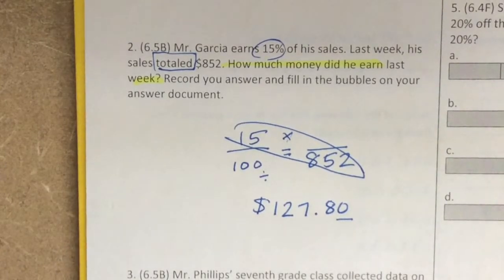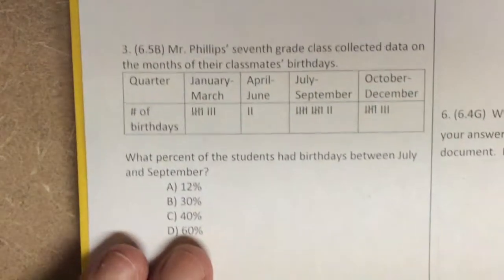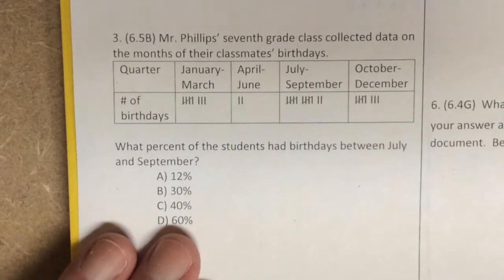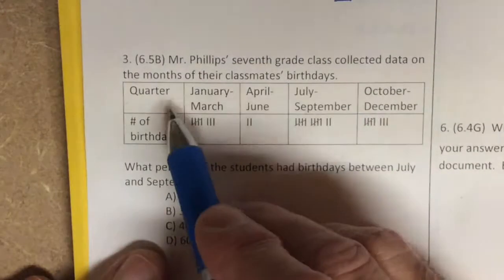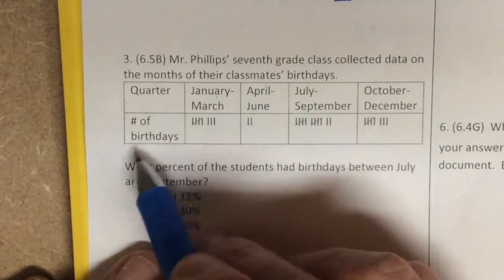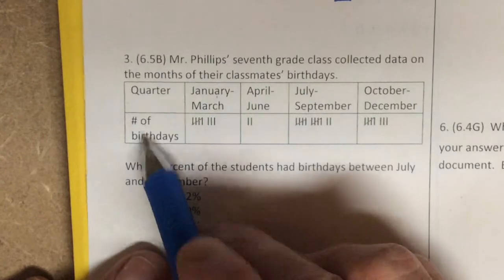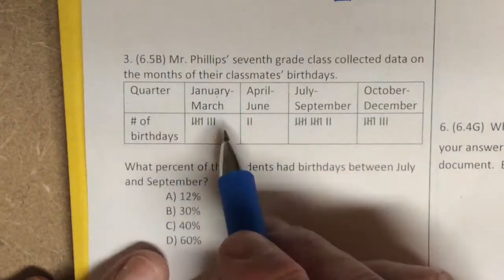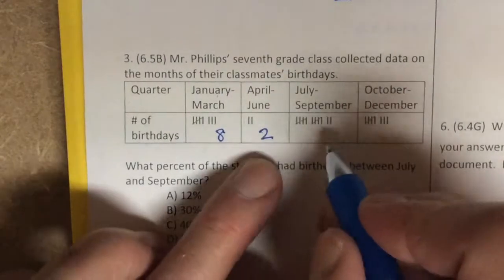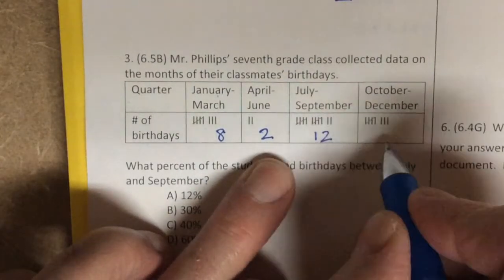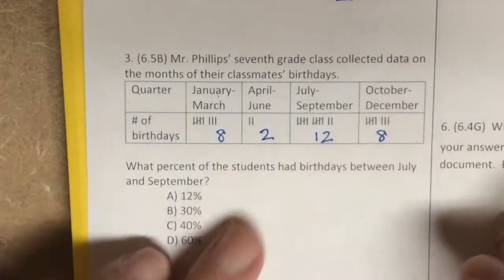Question 3. Mr. Phillips' 7th grade class collected data on the months of their classmates' birthdays. It has quarters, January through March, and then number of birthdays: 8 birthdays, 2 birthdays, 12 birthdays, and again 8.